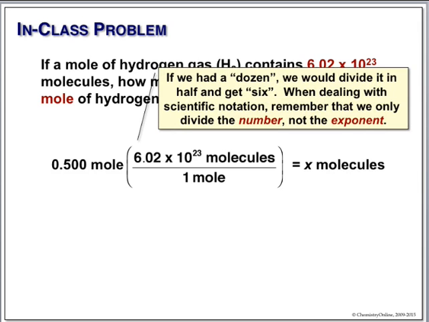Mole and mole are going to cancel, and we're left only with molecules. All we're going to do is multiply 0.5 times 6 times 10 to the 23rd, and we get 3 times 10 to the 23rd.